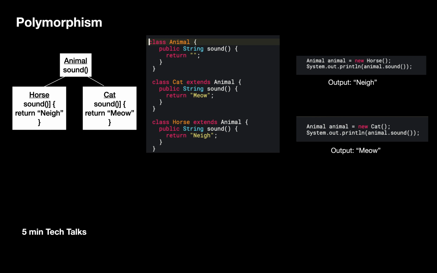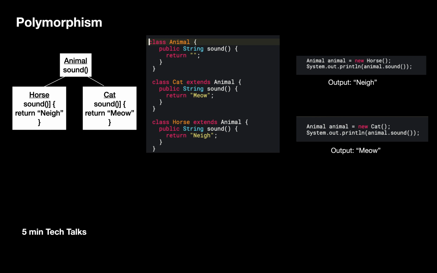Now let's talk about polymorphism. Polymorphism is a condition of occurring in several different forms. In this example here, I am showing runtime polymorphism, where there are two subclasses of class animal, horse and cat. Both have different implementations for the method sound.